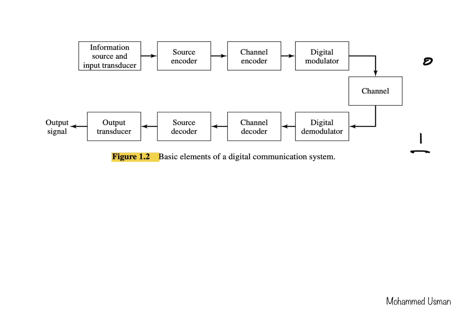Okay, and then we have the digital modulator, which is going to again use a carrier signal that would be modulated by the digital signal which comes out of the channel encoder. So the digital signal here would be a sequence of pulses representing the zeros and ones, and those pulses would eventually modulate a carrier signal, which is typically again a sinusoidal signal.